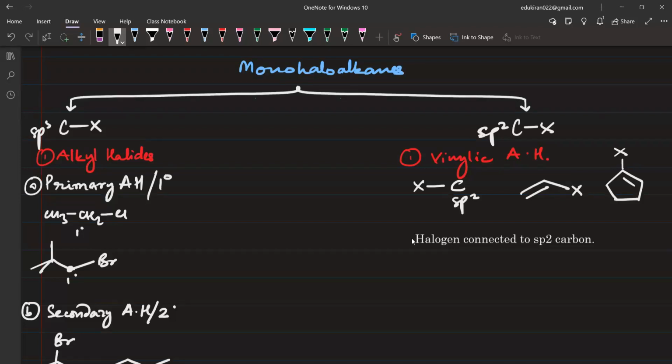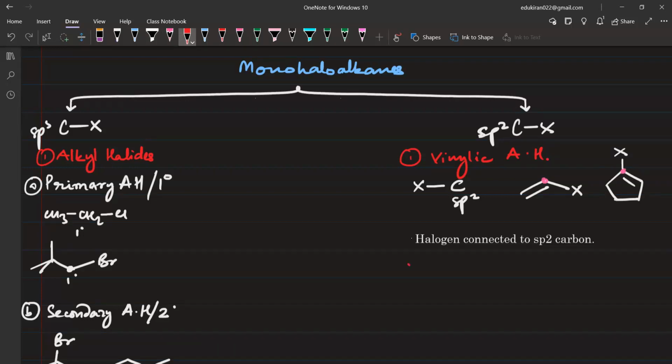Correct, guys? Halogen atom, you can see halogen atom is connected to carbon. This carbon is what? Is having a double bond. If there is a carbon atom having a double bond, this is going to be sp2. Similar thing is here. Carbon having double bond.